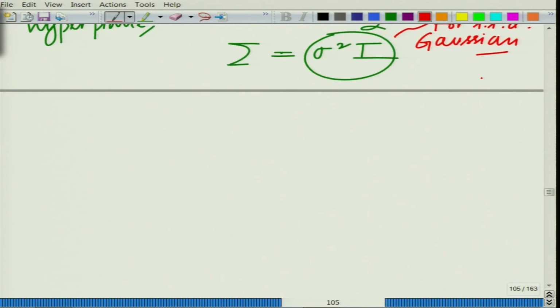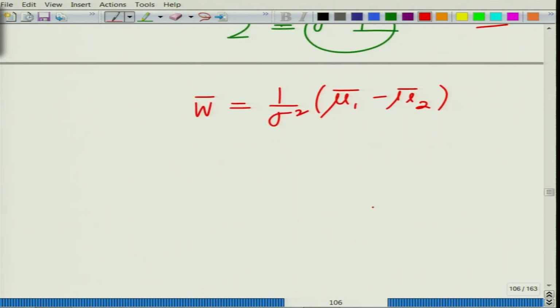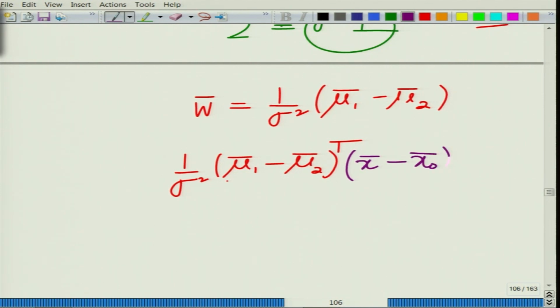So, for IID Gaussian components, your W bar becomes 1 over sigma square times mu 1 bar minus mu 2 bar, and your condition becomes 1 over sigma square times mu 1 bar minus mu 2 bar transpose x bar minus x naught bar greater than or equal to, less than 0.